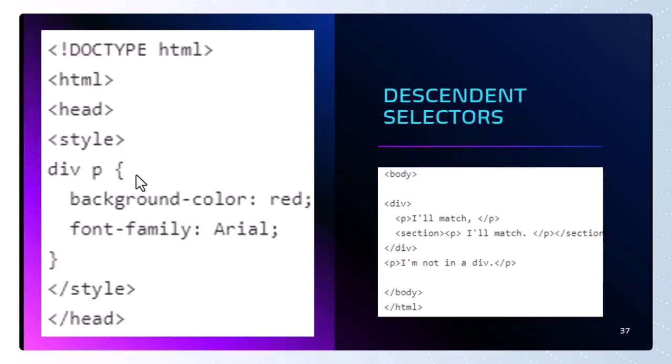And this is an example. You have div and space P, and inside here you see the example. You have div and P, and this time there's a section with a P inside that, and it's going to work on that because it's a descendant.